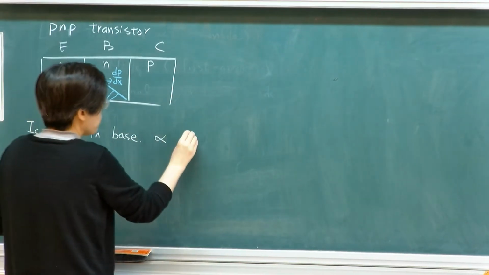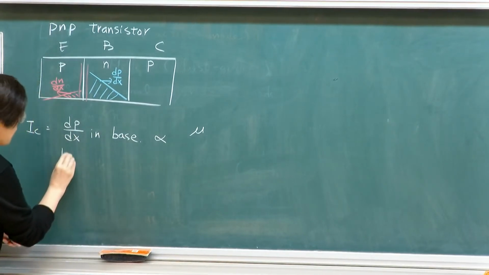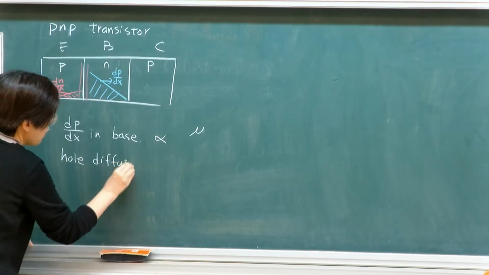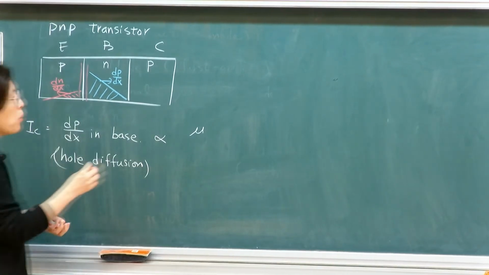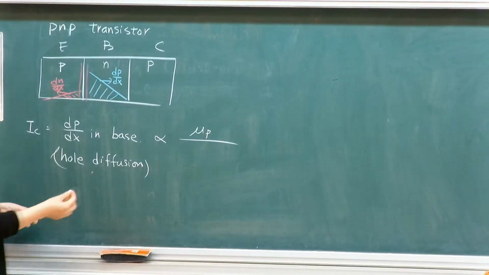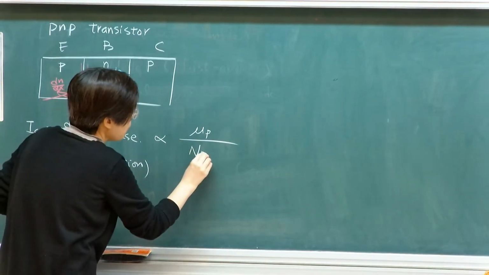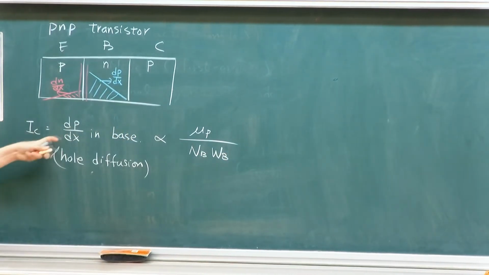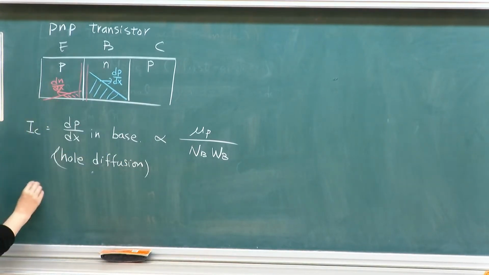It's hole diffusion current in base. Therefore, it depends on hole mobility, and the diffusion structure sets the doping level, inverse proportional to NB, and the distance WB, inverse proportional to the gradients. So that's what we get for the collector current.